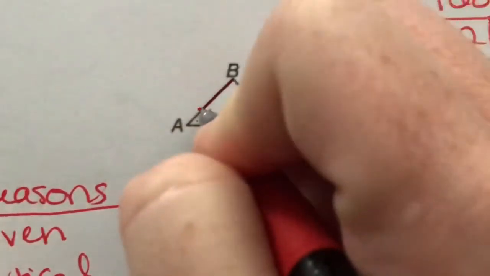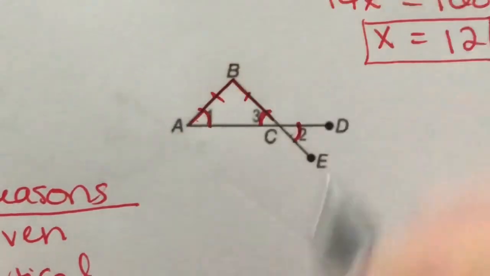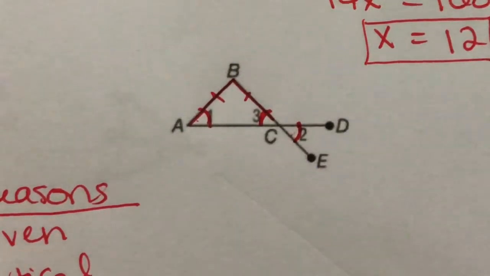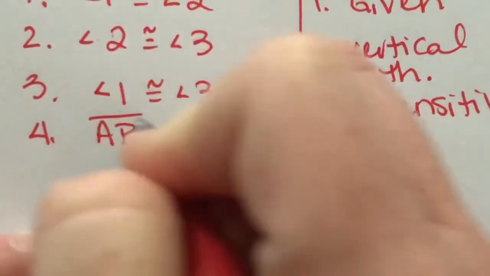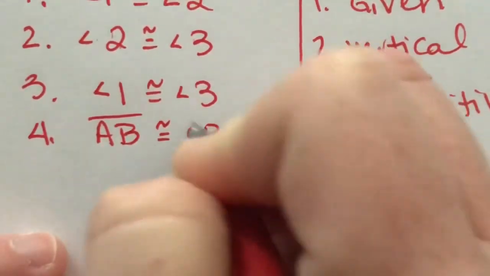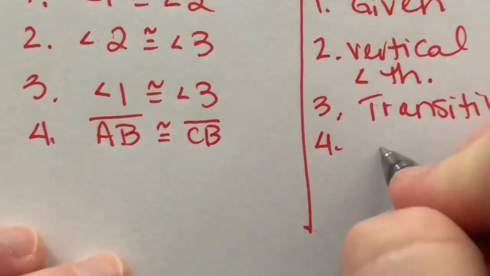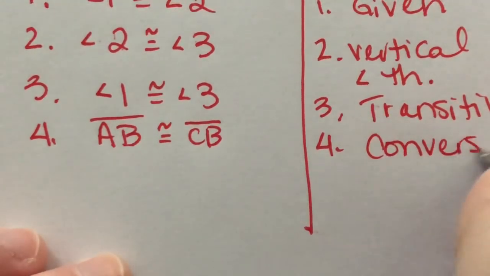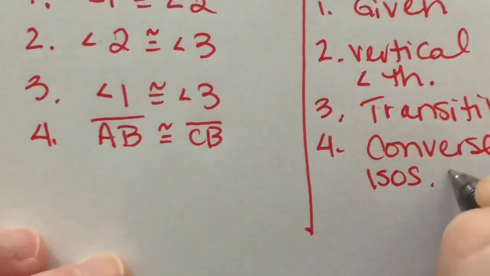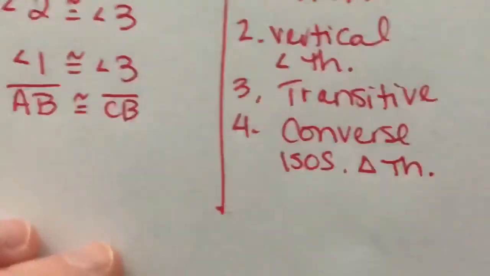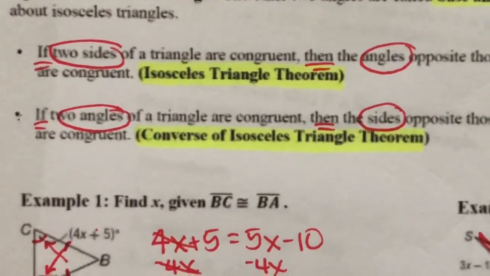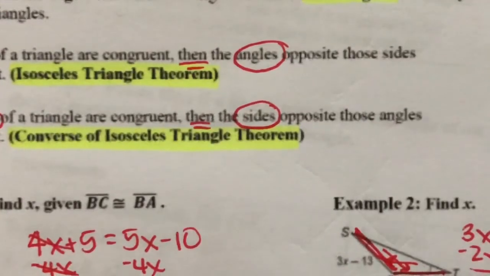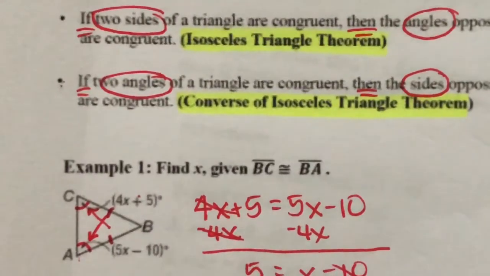This guy is congruent to this guy because angles 1 and 3 are congruent, right? So AB is congruent to CB, and that's the converse isosceles triangle theorem, which is, again, up here, if two angles of a triangle are congruent, then the sides opposite those angles are congruent.